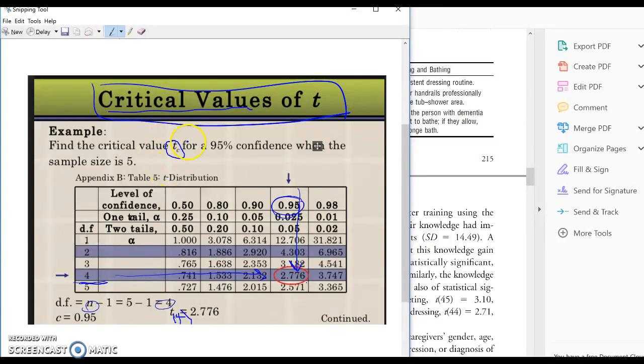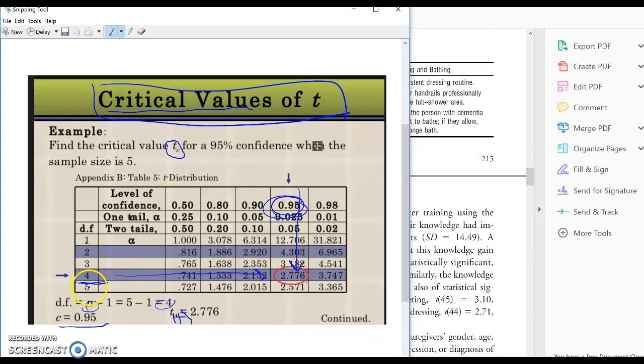So this is the example: find the critical value for a 95% confidence interval when the sample size is 5. Essentially, this is what they did. They were told that the level of significance or confidence interval was 95%, so that's where they got this from. Now, for this case, we're talking about the sample size.